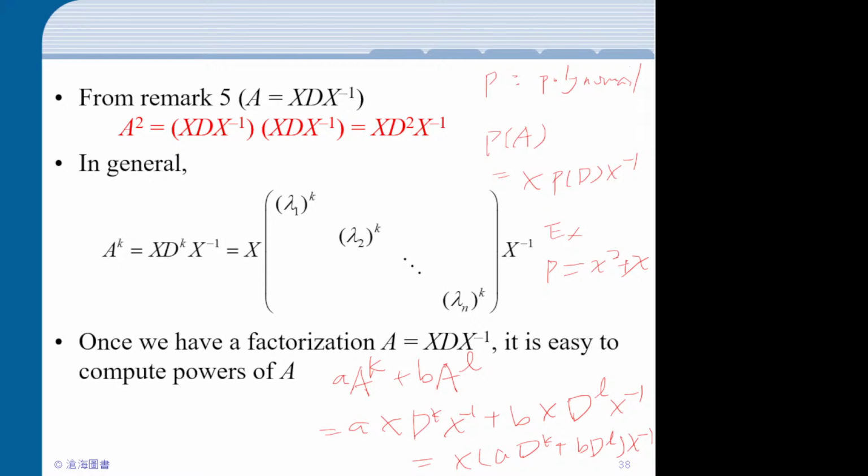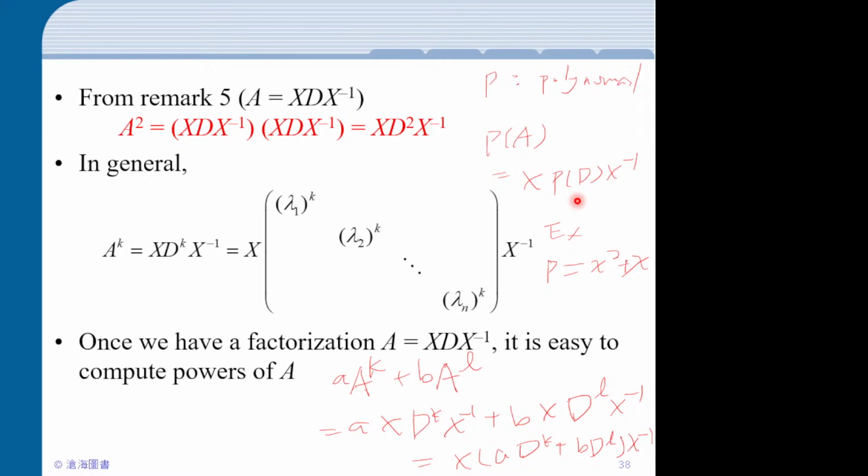Then you have A squared plus A equal to X, then D squared plus D, X^{-1}, etc. Okay. And yeah, if you go a little more, you can think about how for a lot of functions, you can do Taylor expansion to express them as polynomials. So you can calculate almost all functions of A as a function of D.